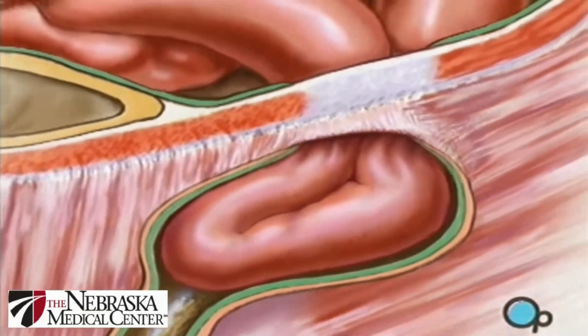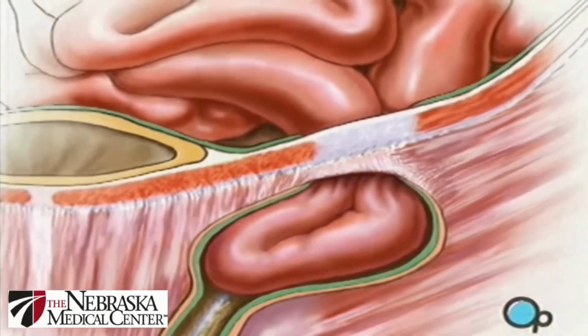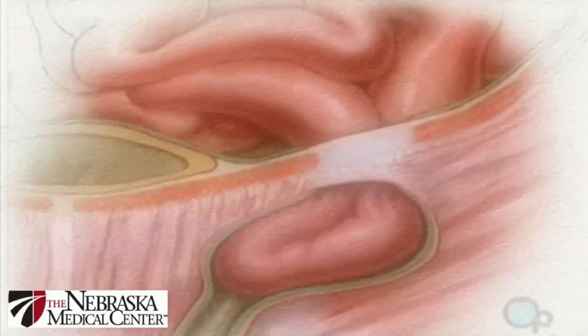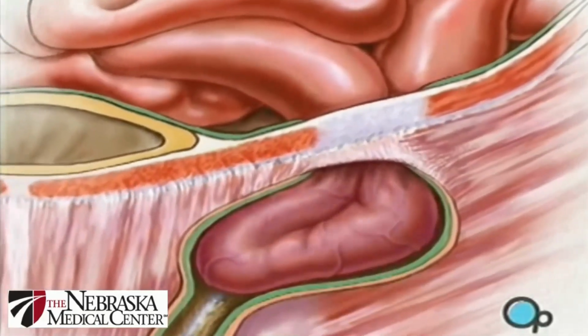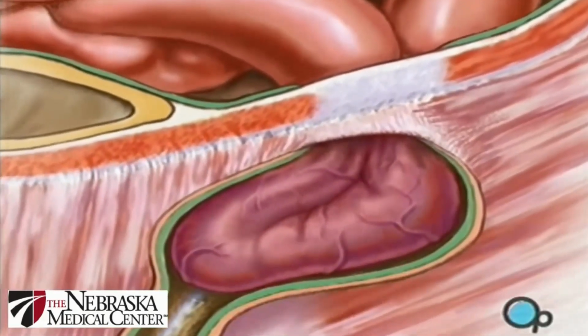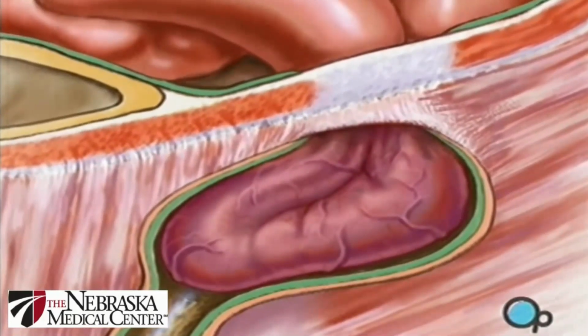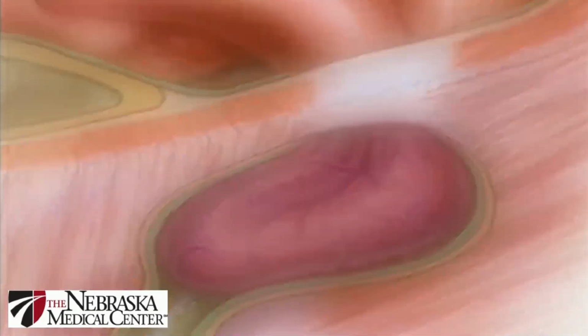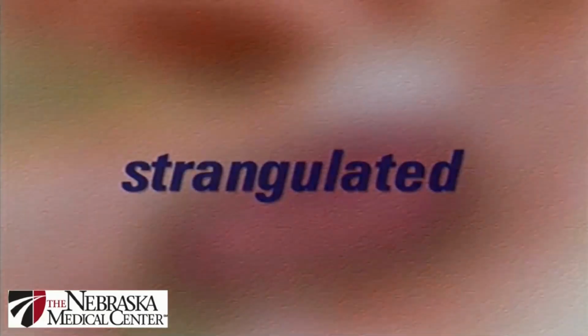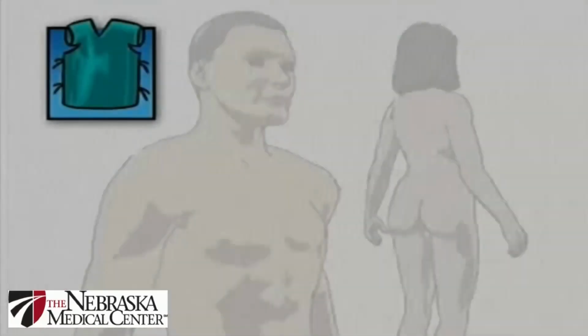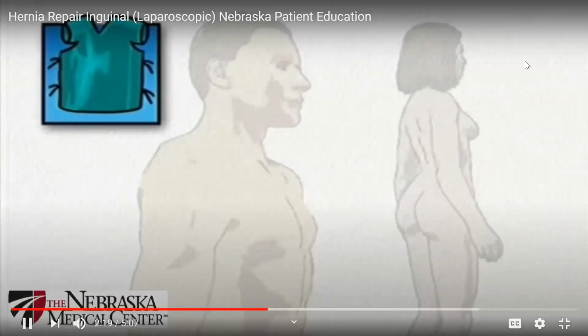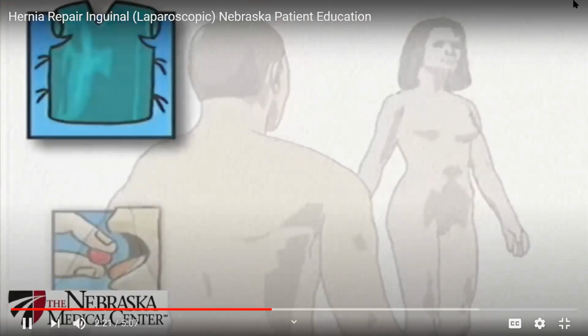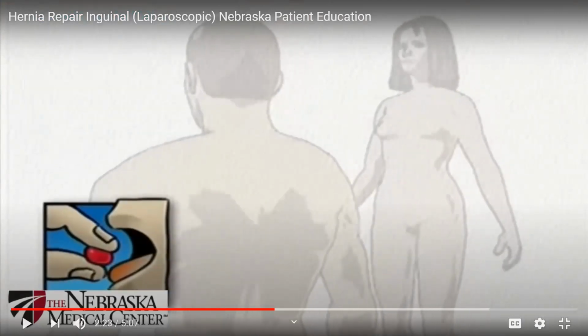For example, if the intestine becomes trapped in the hernia sac, it is said to be incarcerated. If the neck of the hernia sac actually pinches off the supply of blood to those organs, which have become trapped inside, the hernia is said to be strangulated. On the day of your operation, you will be asked to put on a surgical gown. You may receive a sedative.